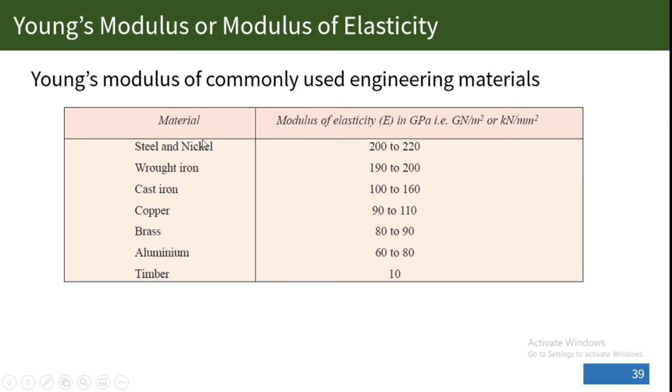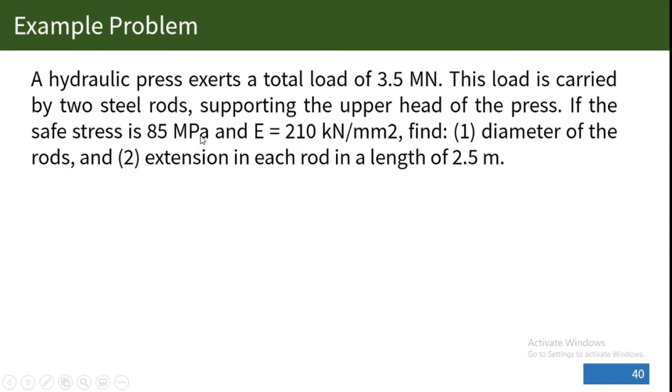Alright, let's look at this example problem. A hydraulic press exerts a total load of 3.5 meganewtons, and this load is carried by two steel rods supporting the upper head of the press.